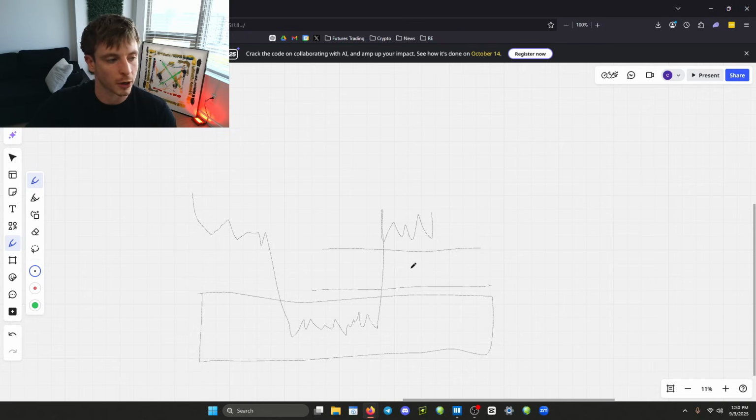This would be a perfect instance of when continuation would be high probability. So if you didn't catch it long off a demand for whatever reason, and then you get an LVN, you can look for continuation inside of this LVN for buyers to reload or buyers to defend price for a further continuation move. And this is the best way to use it right here.